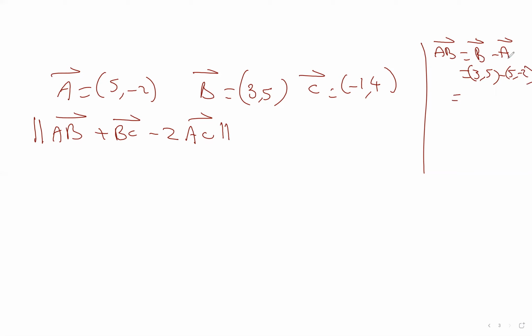AB means B minus A. It will be (-8, 7). And if you need the norm of AB, it means the length of AB, which is root of (-8) squared, which is 64, plus 49 to find the length. Okay, so we can solve this easily.